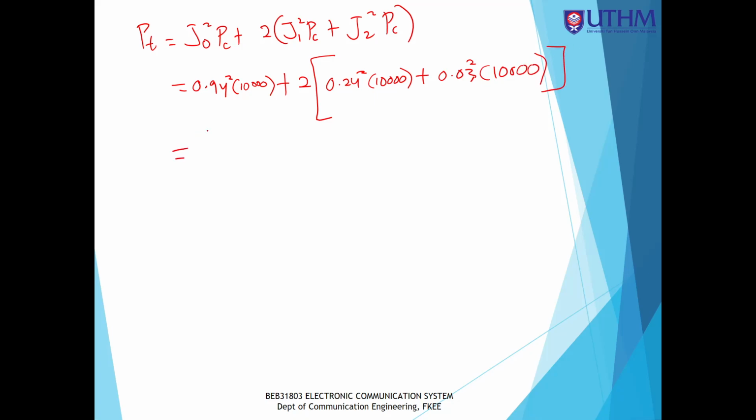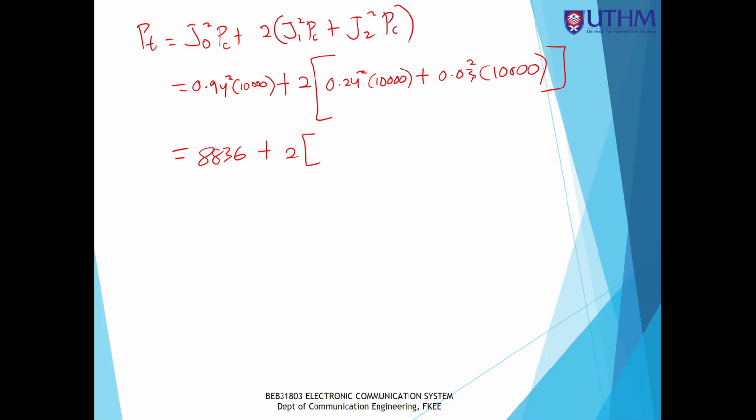So this is 0.94 square times 10,000, which is 8836, plus 2 times 0.24 square times 10k, plus 0.03 square times 10k.